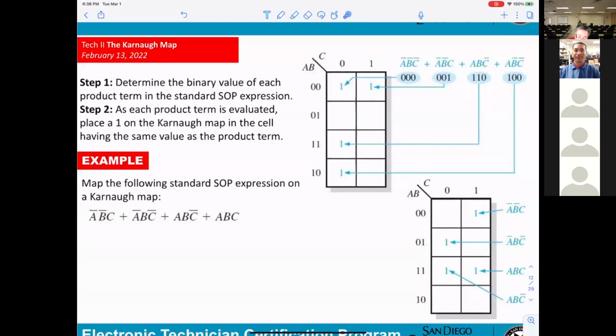And anything else, nothing, they will be 0. Now, any question? How to map the equation into the K-map?